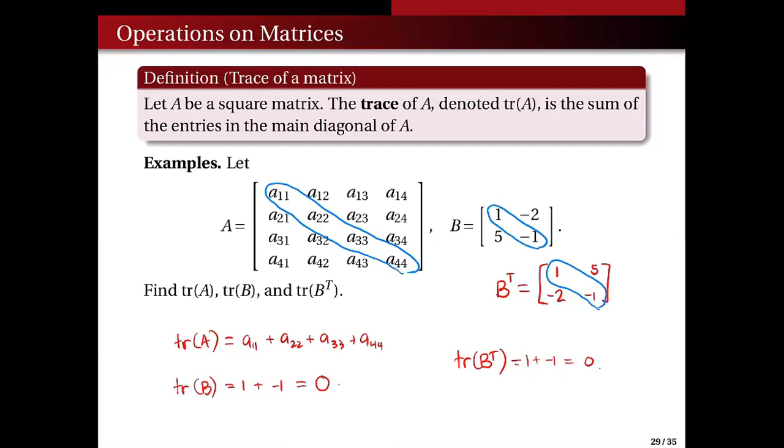The entries in the main diagonal of your square matrix will be the same as the entries in the main diagonal of the transpose.